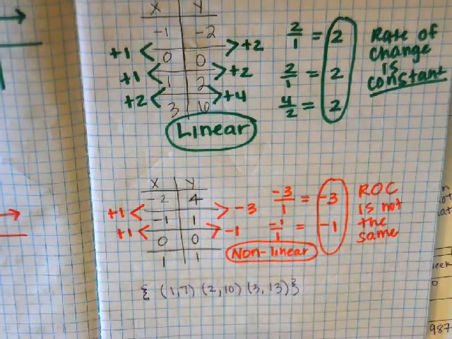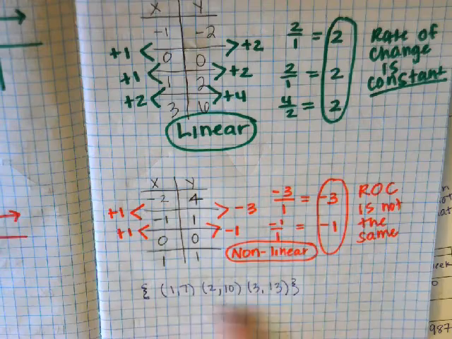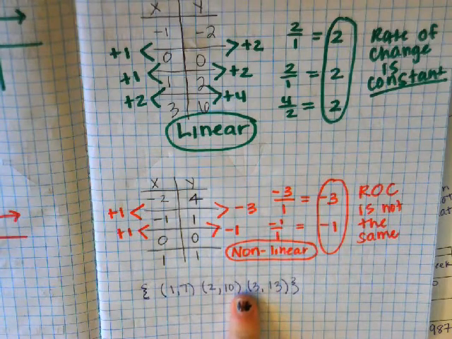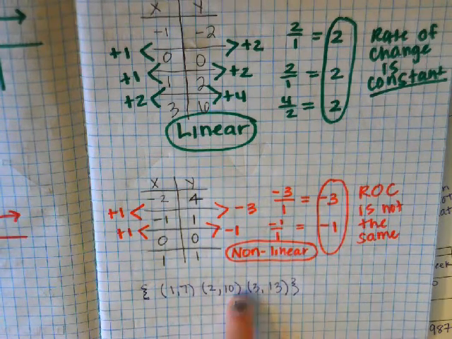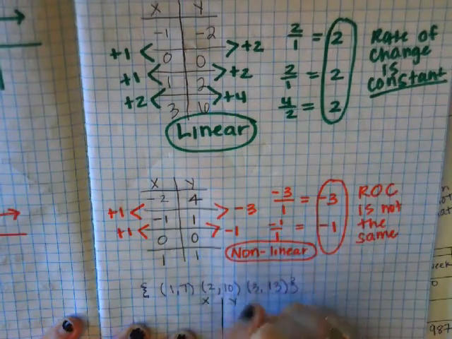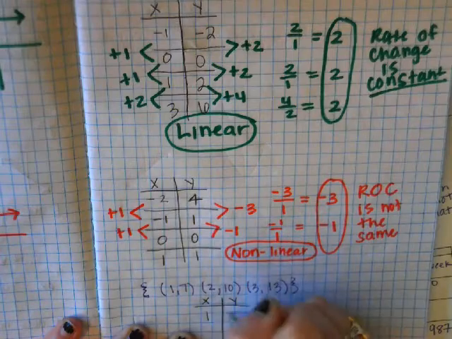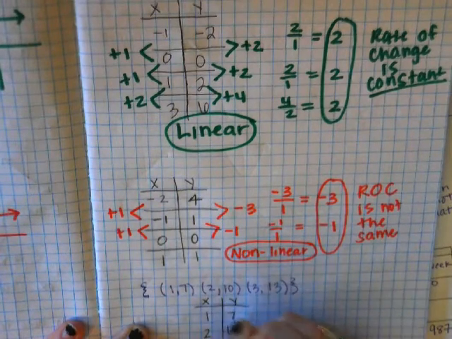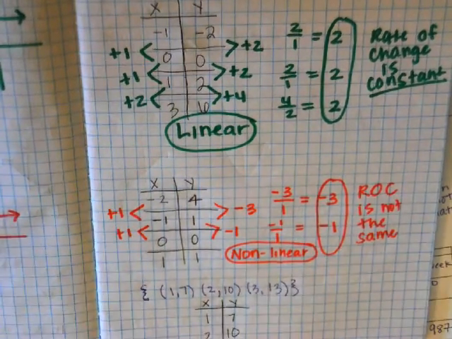So instead of giving you a table, graph, or equation, they give it to you like this as a list of points. I would always, always just make it a table. So I'd have 1, 7, 2, 10, 3, 13. It's just easier to see that way.